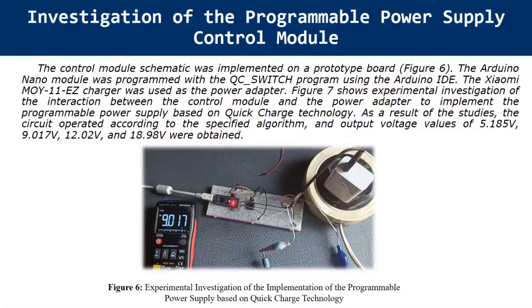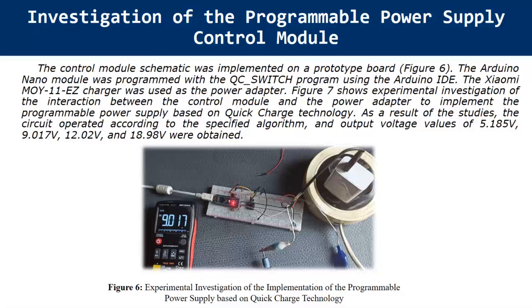The Xiaomi MUI 11 EZ charger was used as the power adapter. Figure 7 shows experimental investigation of the interaction between the control module and the power adapter to implement the programmable power supply based on quick charge technology.